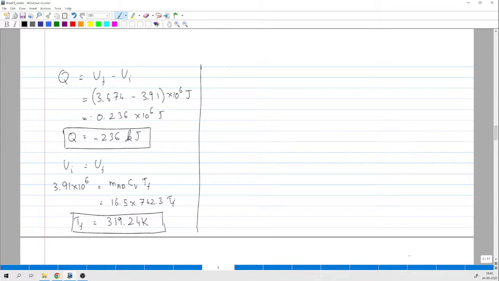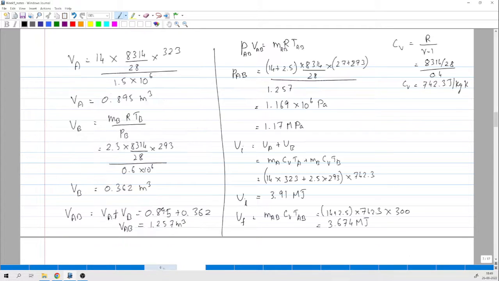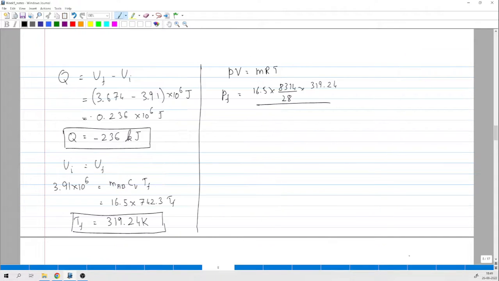Now using the PV equal to MRT equation, we can calculate the final pressure. P final is MRT, 16.5 into 8314 by 28 into 319.24, divided by the volume. We have the total volume, yes, we had a total volume here, 1.257 meter cube.